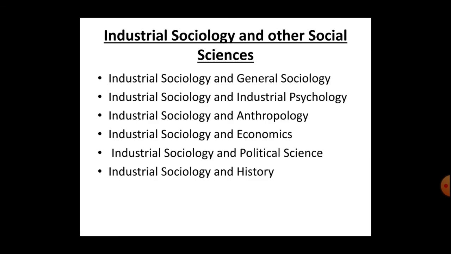Anthropology, on the other hand, considers cultural dynamics, the role of status, ethnic relations, cross-cultural relations, etc. Both industrial sociology and anthropology supplement each other, whereas industrial sociology studies social relations in the industrial organization, anthropology considers the impact of culture on human behavior in the industrial organization.